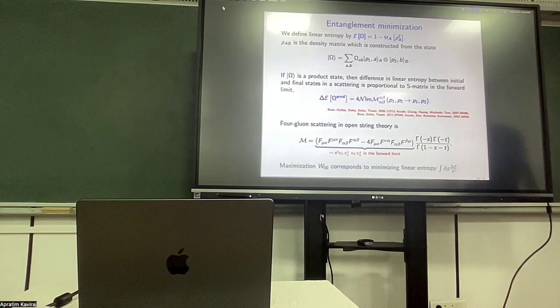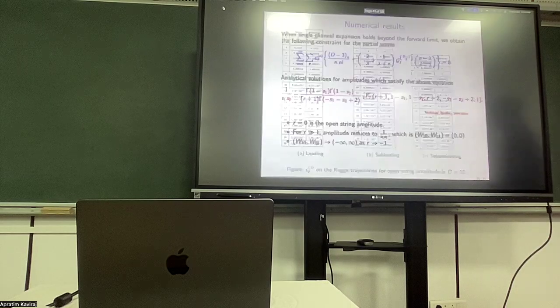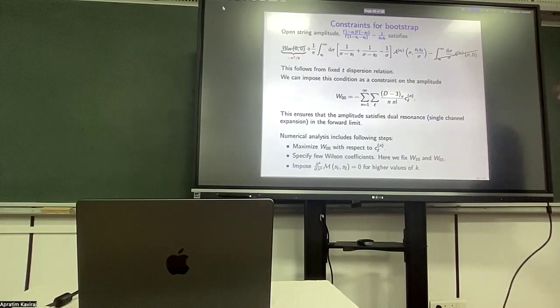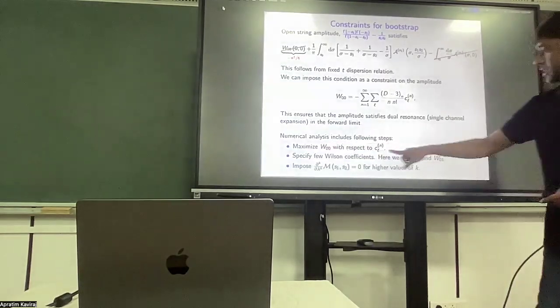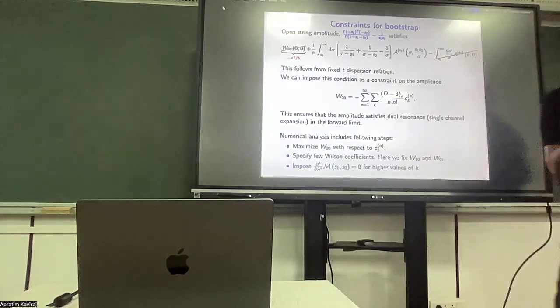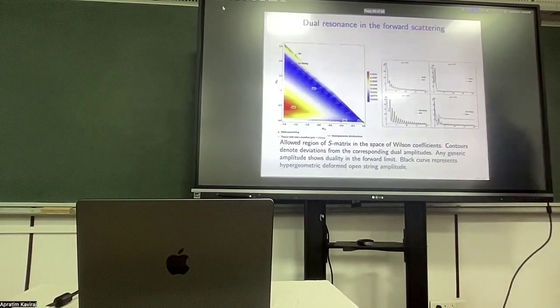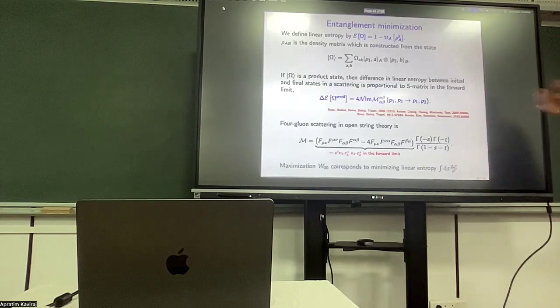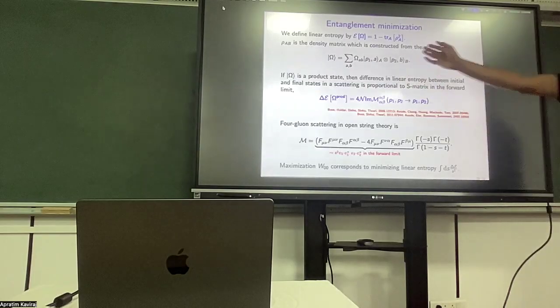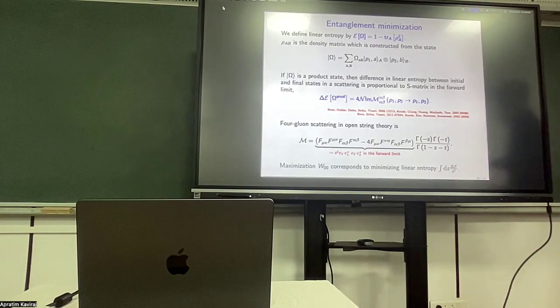Sorry, I missed something. Why are we minimizing? During the bootstrap, I made a comment that, it's called linear programming, you want to... Can it be related to some physical quantity? Exactly. That justification comes from looking at some quantity called linear entropy, and W00 is actually proportional to that.